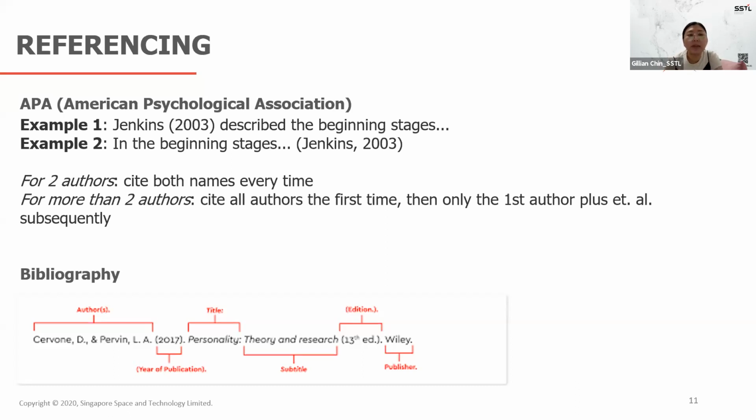When you're doing the APA style of referencing, they use an author-date system. Meaning, to reference it in the paper, you just need to put the author and the date in brackets. If you mention the author directly in the text, as in this case, Jenkins described the beginning stages of blah, blah, blah, you only need to bracket the year of the paper.